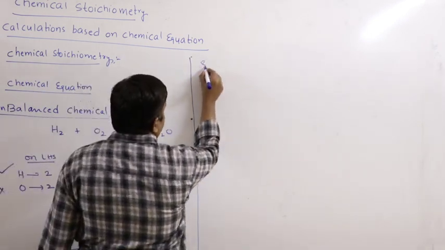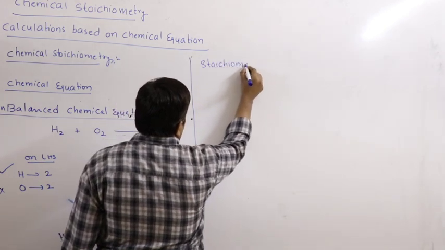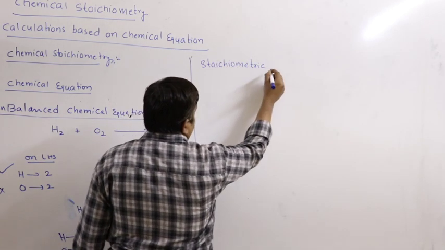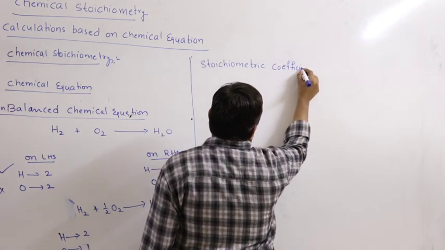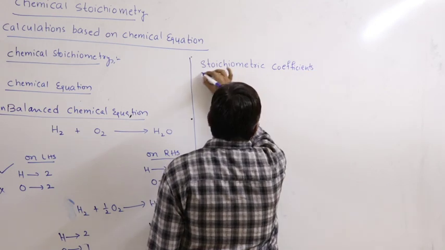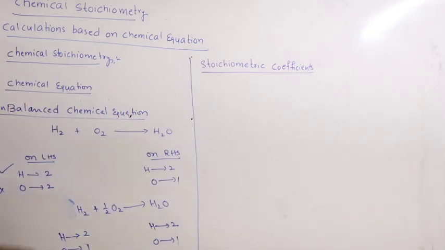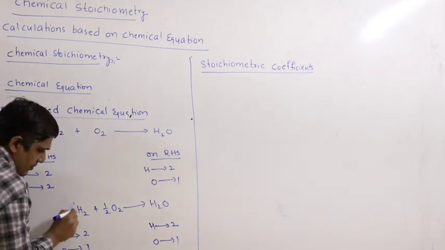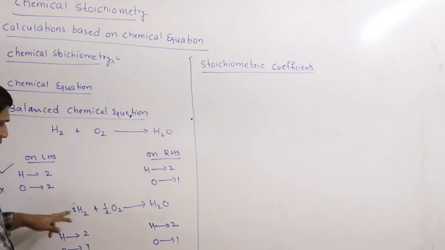Next, stoichiometric coefficients. You can see the numbers here. If nothing is there, it indicates 1. Stoichiometric coefficient number 1 is not written.